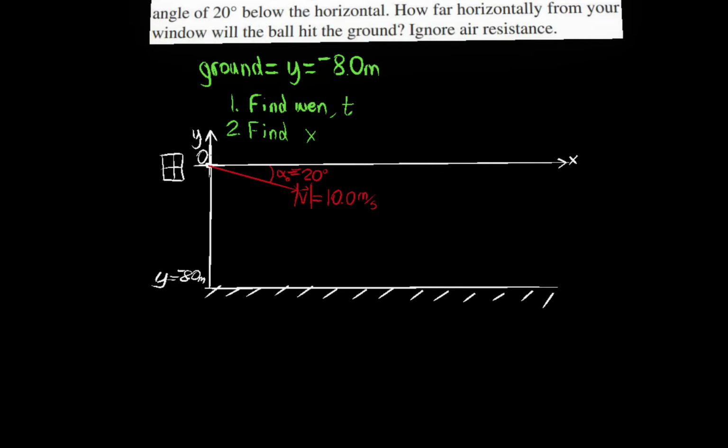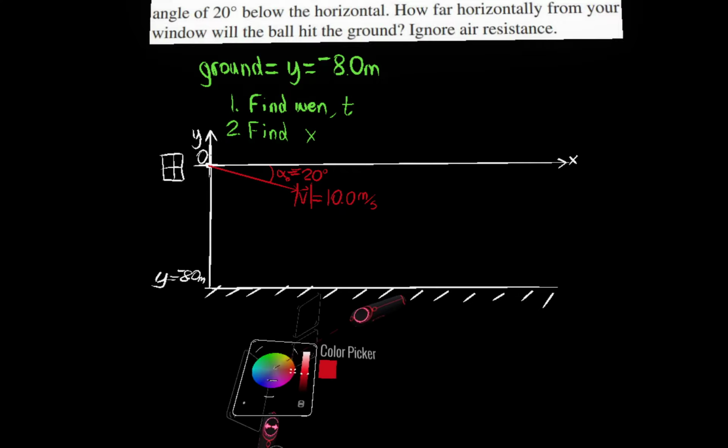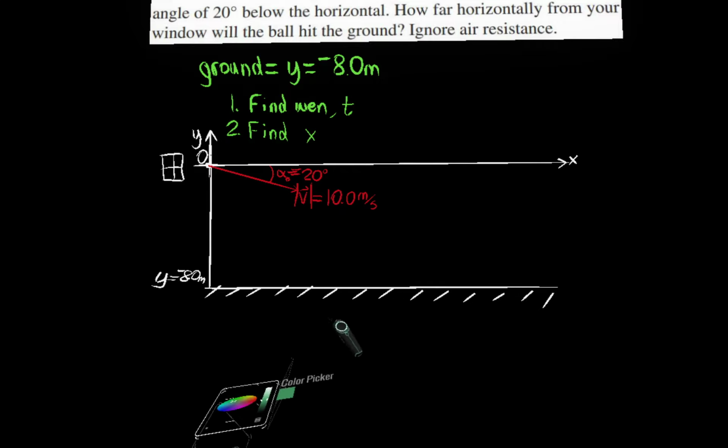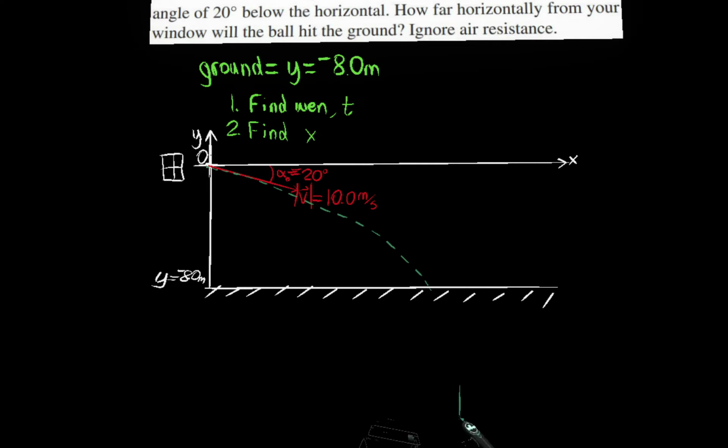All right. And so if we were drawing the trajectory, something like that, right? It's falling down to the ground. It's going to reach the ground at some point. All right. So what we want to know is at the point that it hits the ground, how far horizontally from the window did it travel?